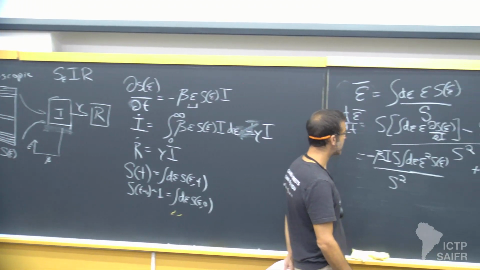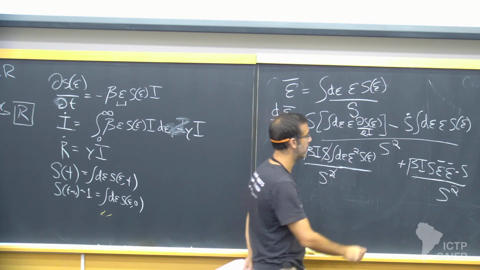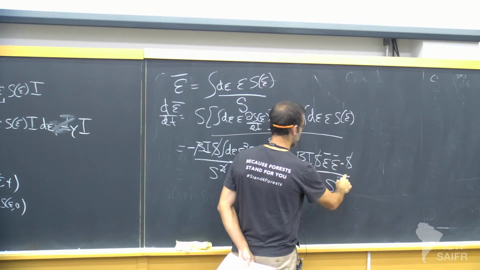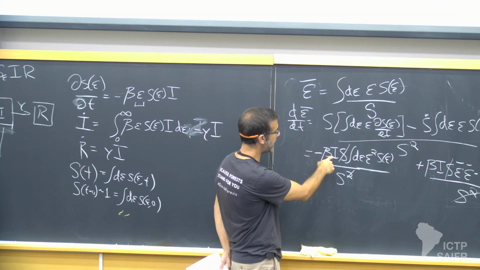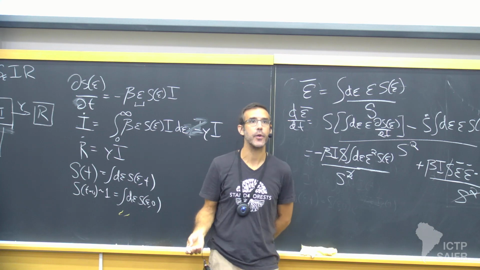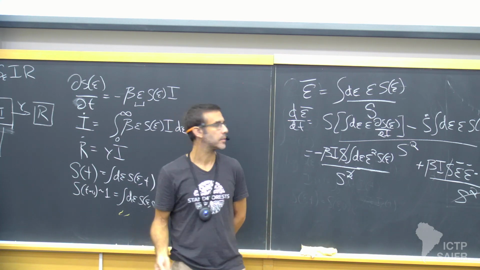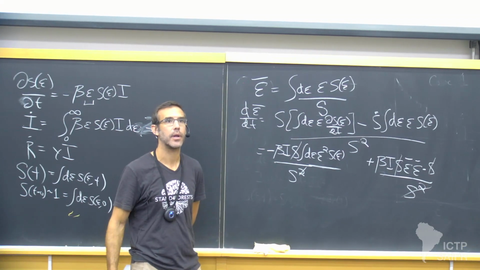What I hope you can see is that we can get rid of this and this, and this, and this, and this, and we're left with minus beta I times what is clearly now the average value of epsilon squared, and here, the average value of epsilon itself squared.